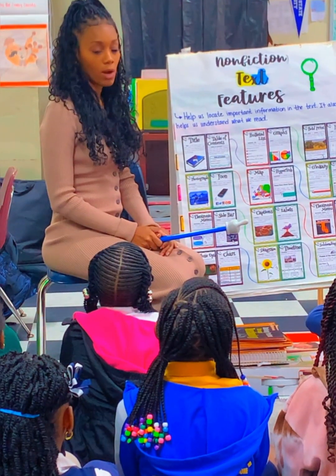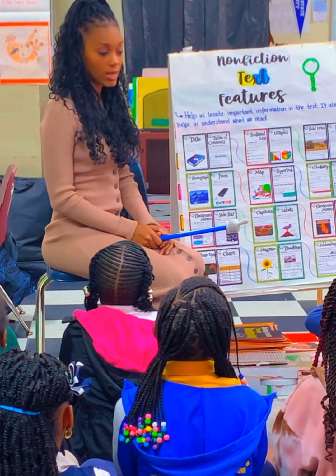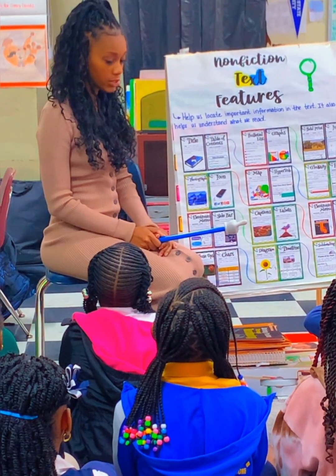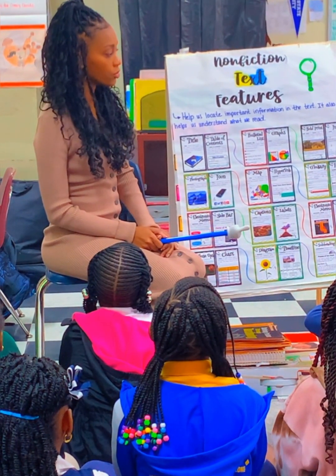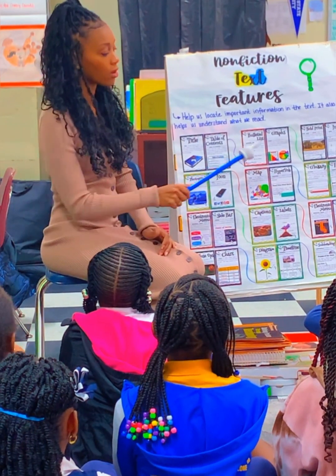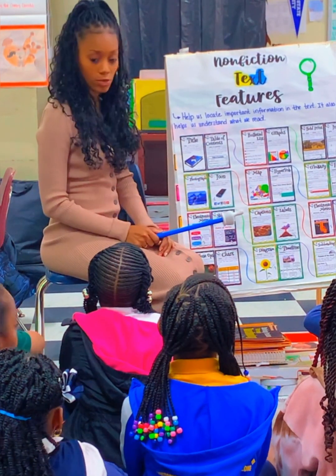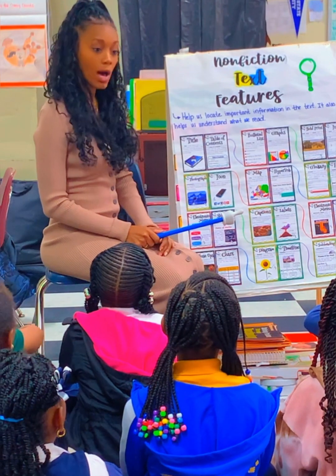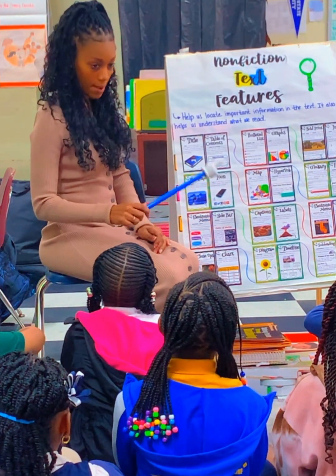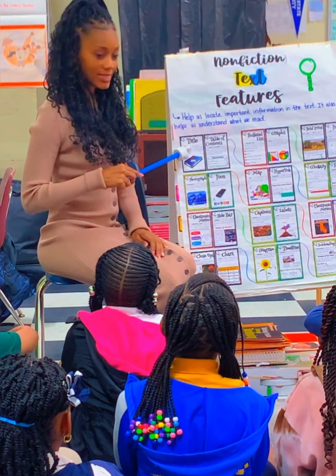Got it? So in our previous units that we were reading, we already learned some text features. So now what I want us to do first is to go over all the text features and we're going to read them together, okay? So I'll point and then you will read, okay? Here we go.